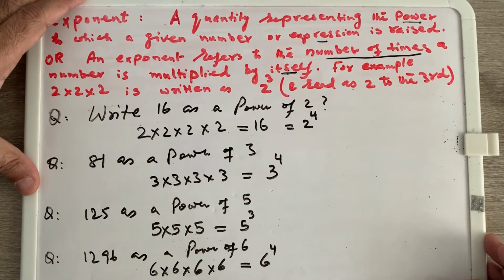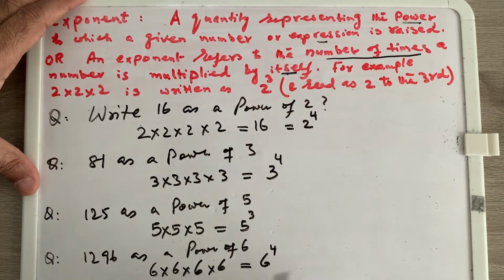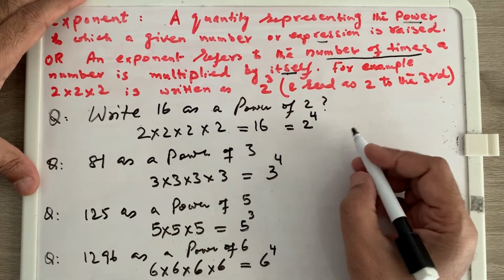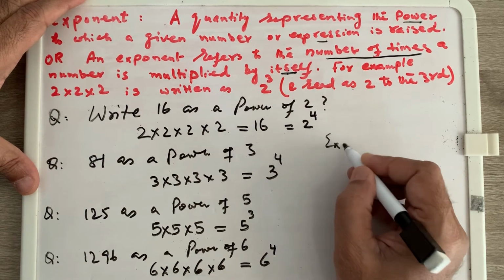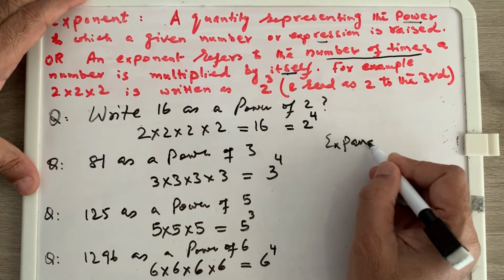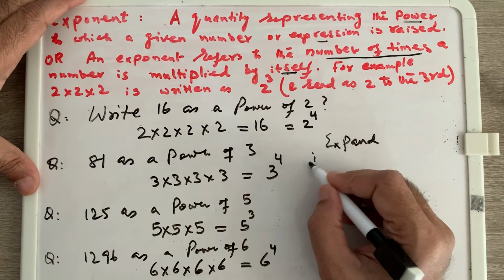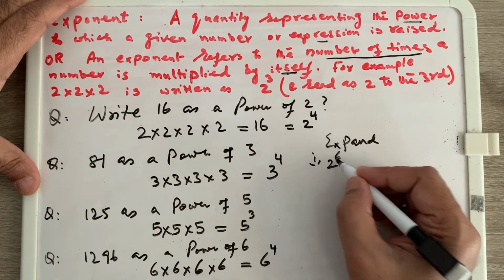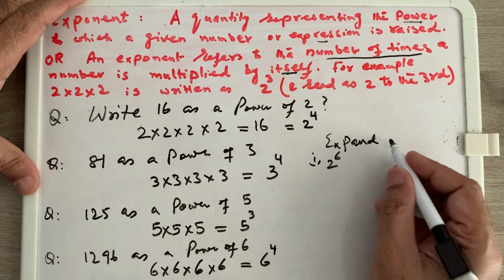Now we have to see what types of questions can come. Sometimes questions say only expand. Question number 1 says 2 to the power 6. What does it mean? We have to expand it.